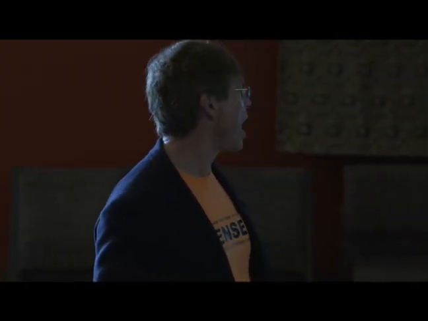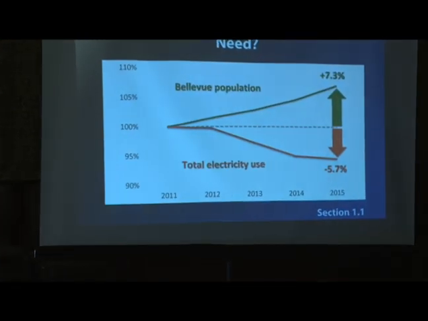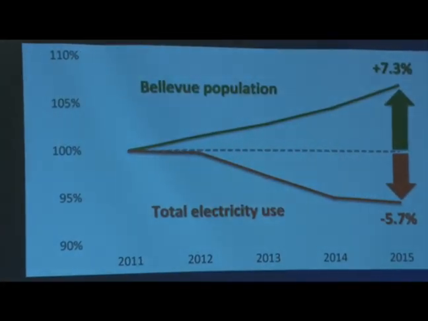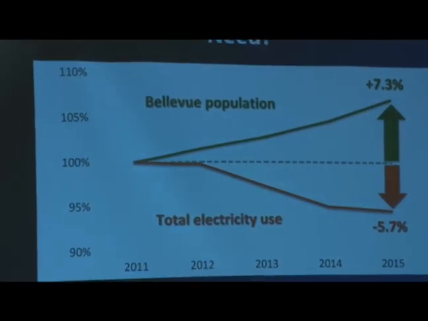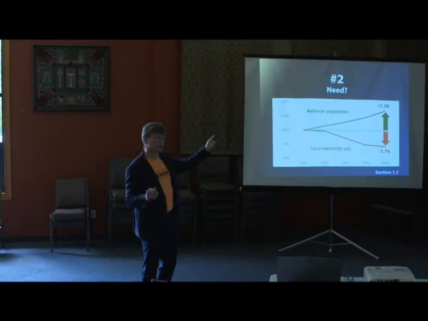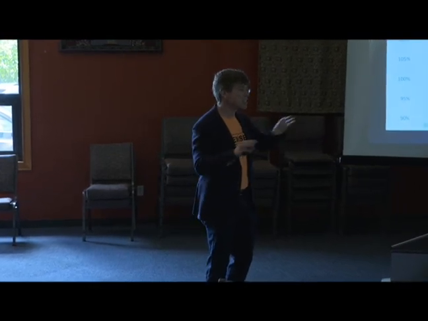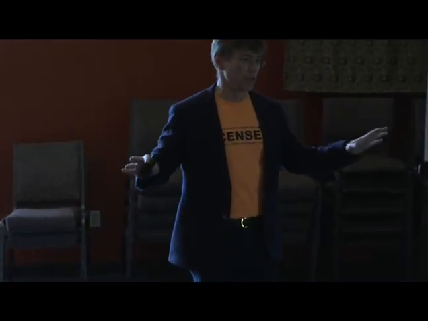Now, why are we thinking that these values might be going down? It's because of this. This is a graph using PSE's own data for the city of Bellevue that shows that even though during the past 5 years our population has grown by 7.3%, our actual electricity use, and this is total electricity use for Bellevue, not just individual customers, has gone down by 5.7%. People are going, whoa, how is that possible?